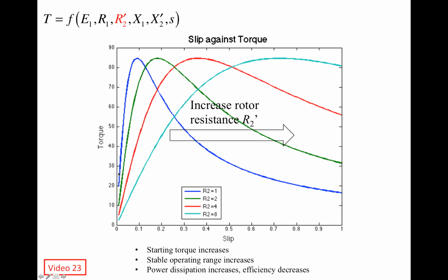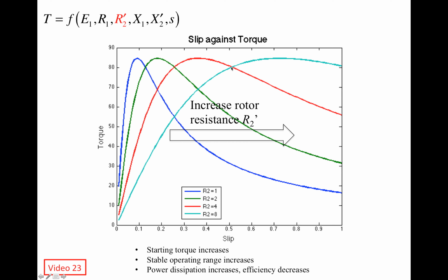So the blue curve is for the smallest R2 prime, and this cyan curve is for the largest R2 prime. You can see the maximum torque is about the same, but the location of the peak has shifted from about 0.1 to about 0.75. So as R2 prime increases, the peak of the torque slip curve shifts towards the right.